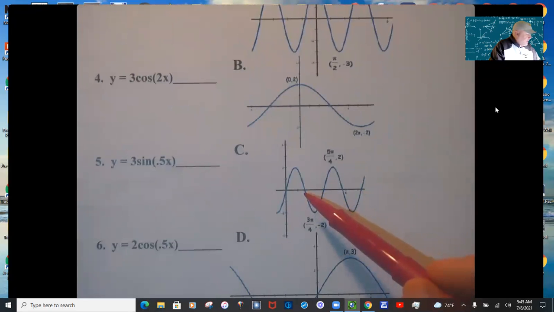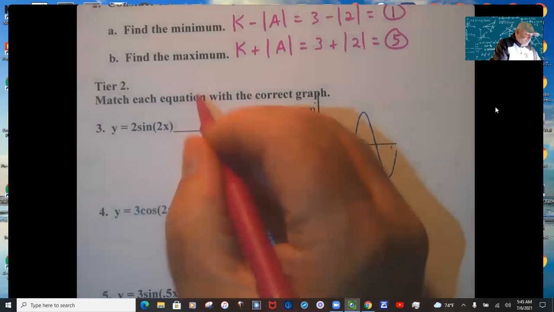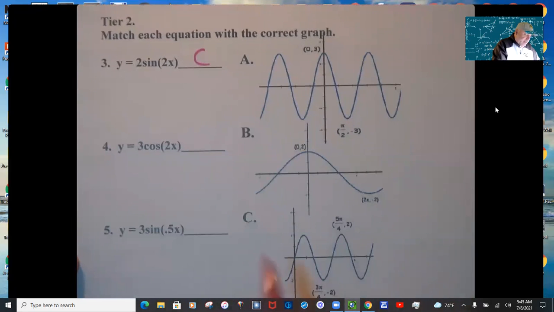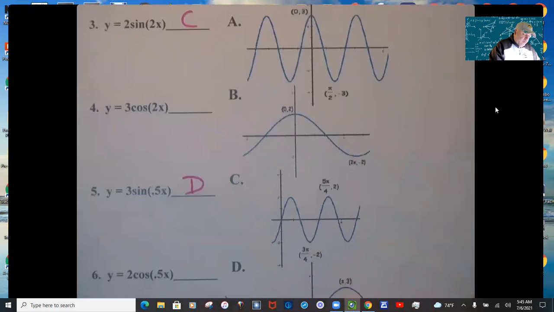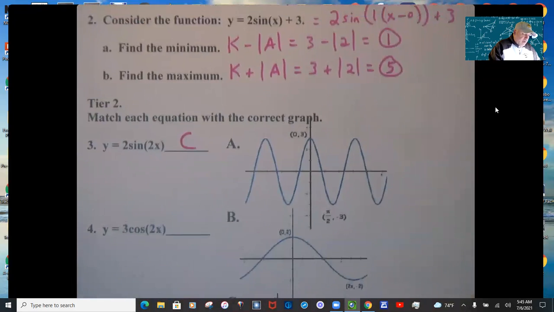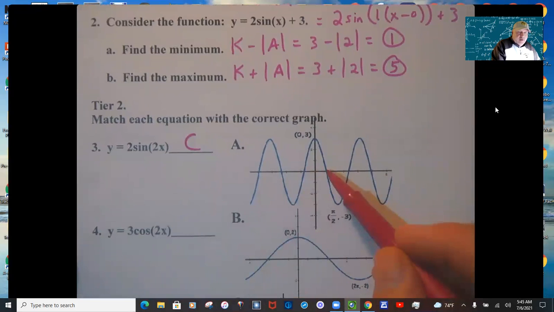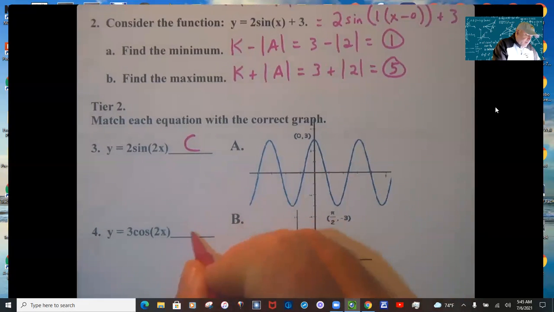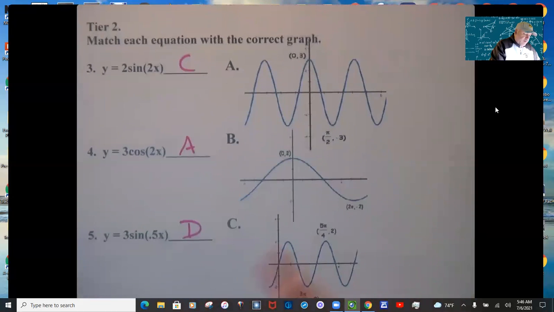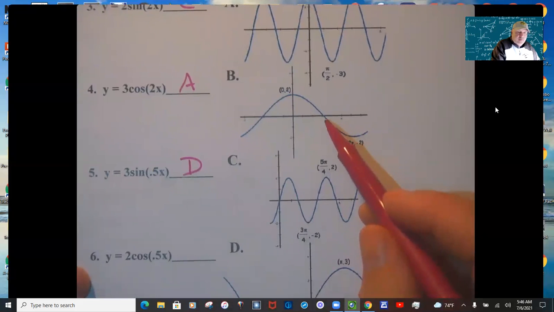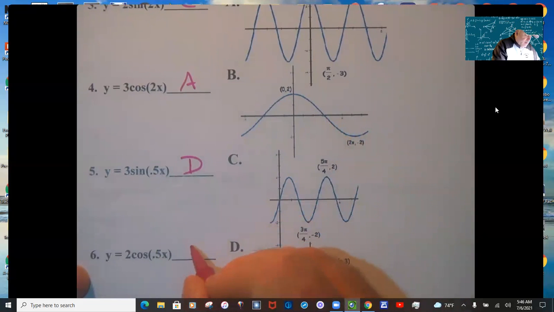And I think this is going to be the graph of C. And then the other sine graph would be D. That goes through 0, 0 and has an amplitude of 3. And for the other two, you just look at the amplitudes. This is a cosine graph with an amplitude of 3, so that'll be A. And then this is a cosine graph with an amplitude of 2. So the B would go with 6.